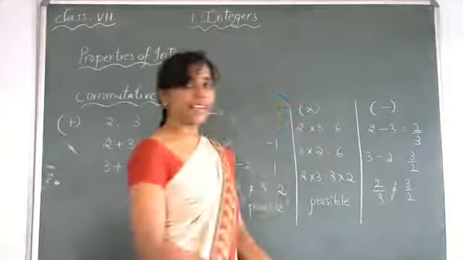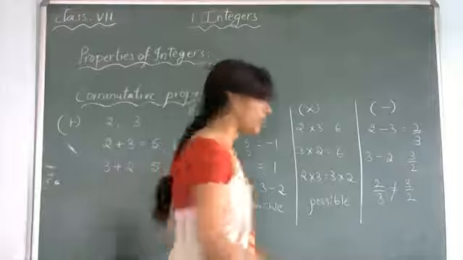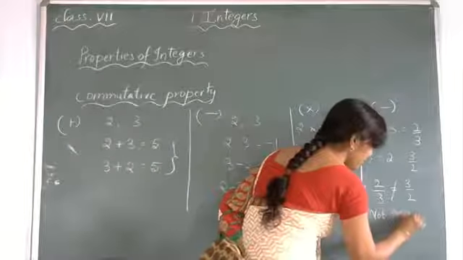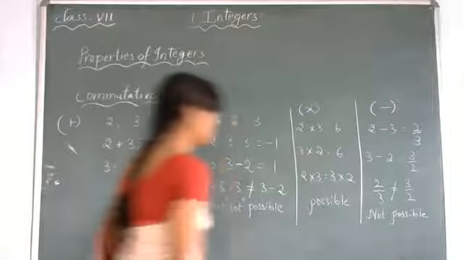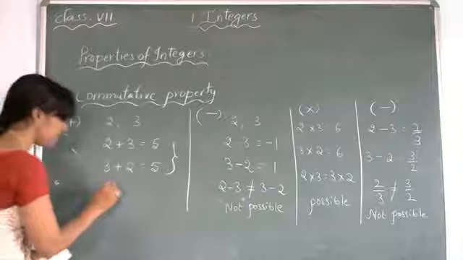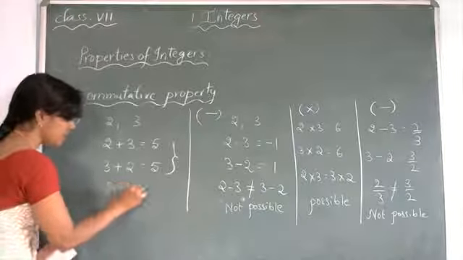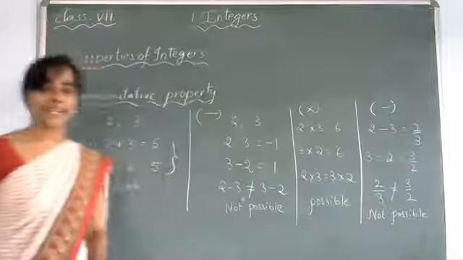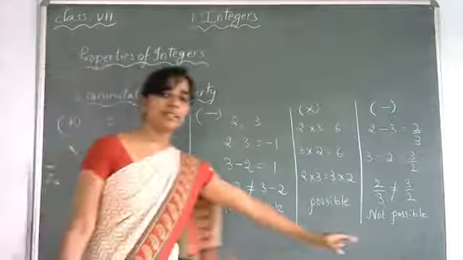That means under division, the commutative property is not possible. So the commutative property is satisfied under addition and under multiplication. It is not satisfied under subtraction and division.